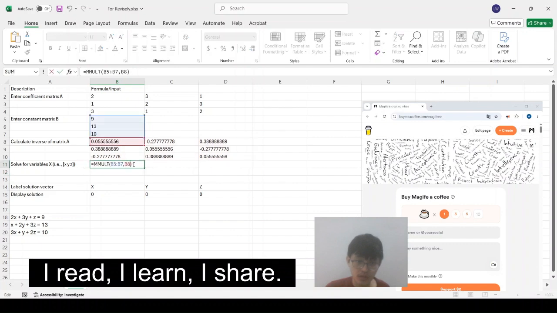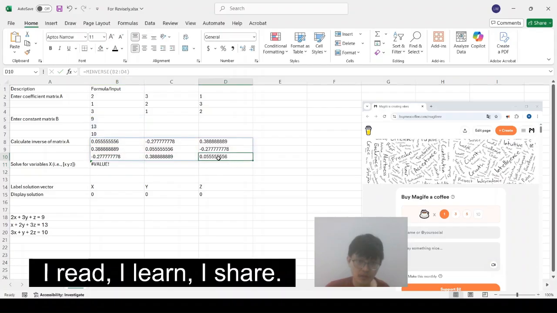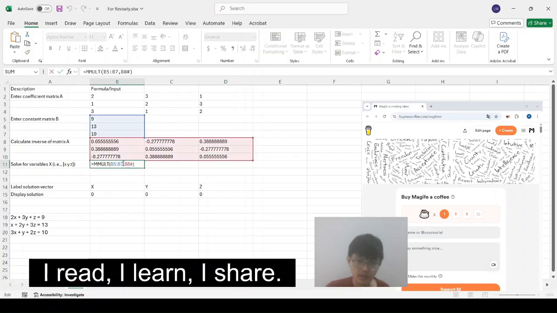Okay, array 1 should be this one. I think it was correct.